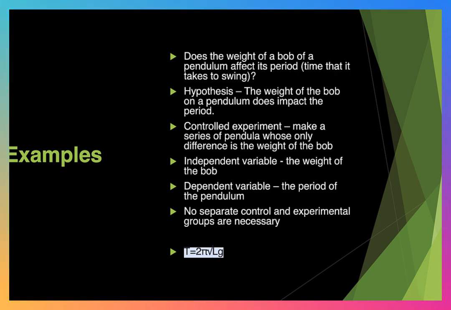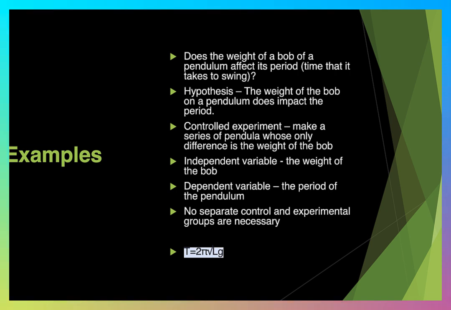The dependent variable is the period, or the time to swing through a complete swing. Again, the original pendulum can be your control, and all the new pendula that you make are the experimental groups. And in this case, you actually accept the null hypothesis, because what you see as you do the experiment is that no matter what the mass of the bob is, the period remains the same.